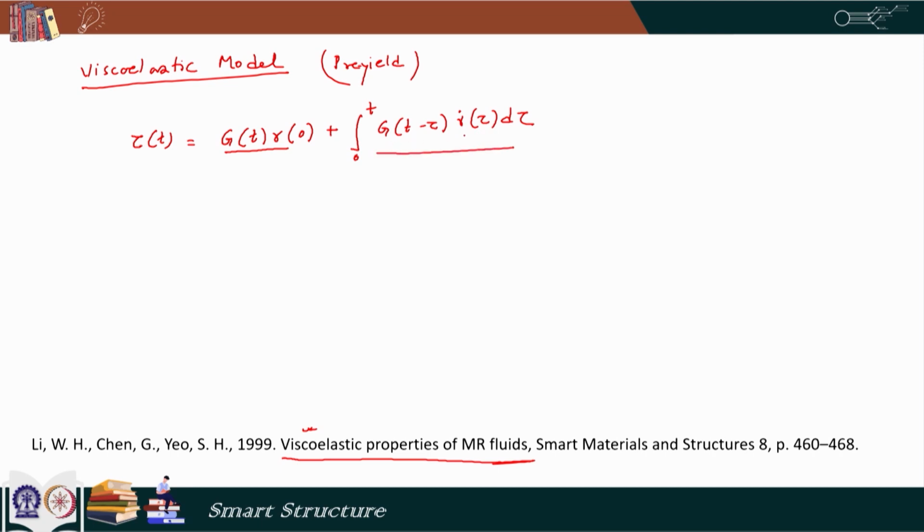So, this is a convolution in the time domain. Now, if I apply the Laplace transform to this equation, we know that a convolution in the time domain is equal to a product in the Laplace domain. So, the equation looks like this.